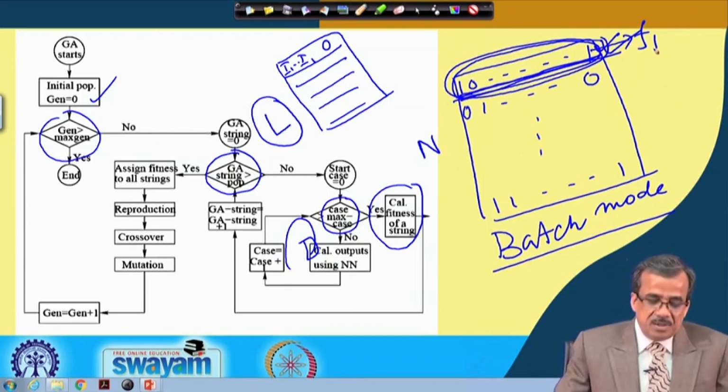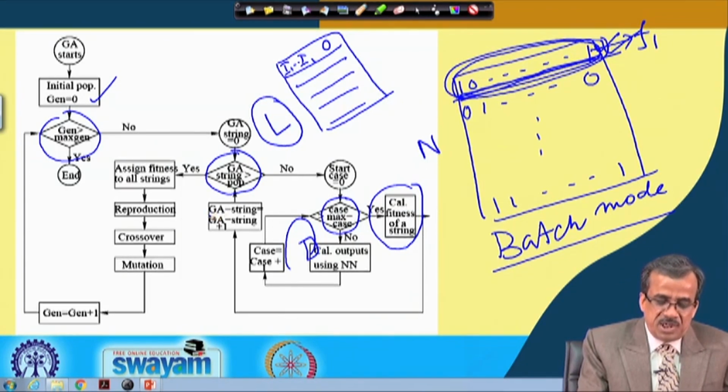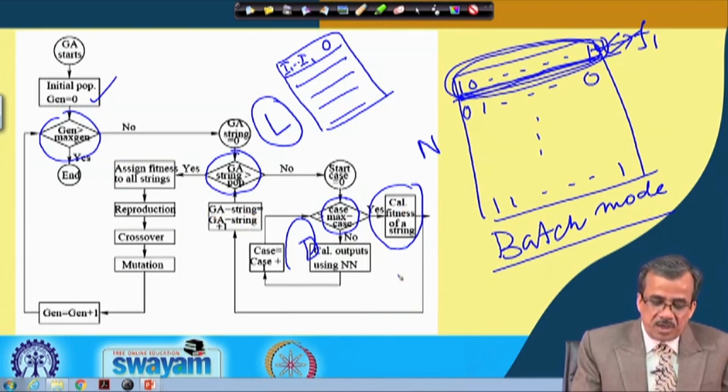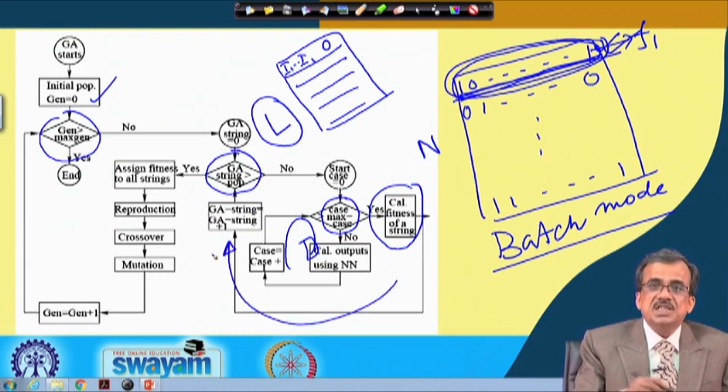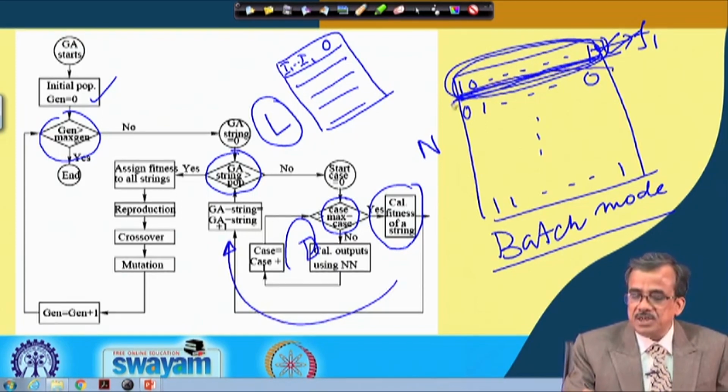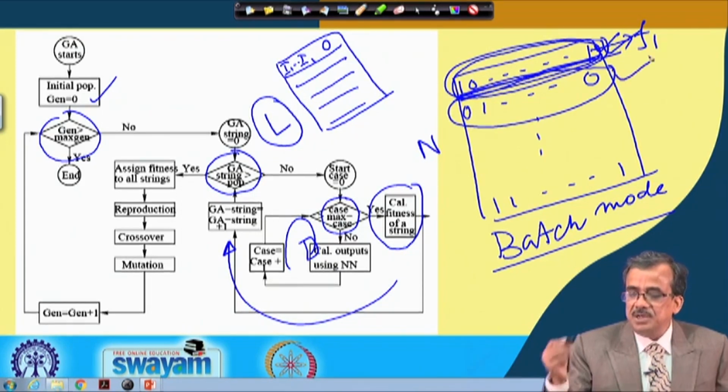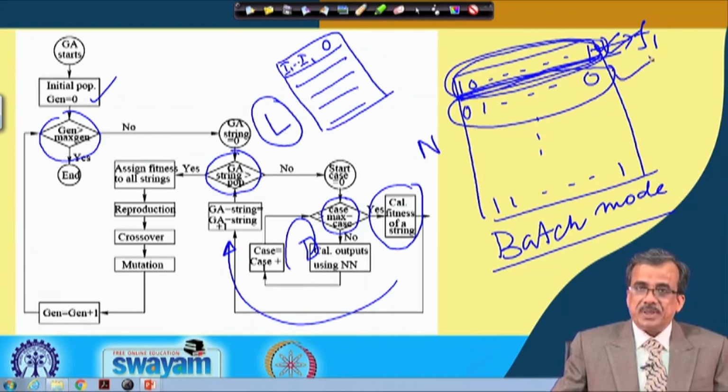And so, here we have GA string equals to GA string plus 1. That means we go for the second GA string, and we are going to concentrate on this second GA string.